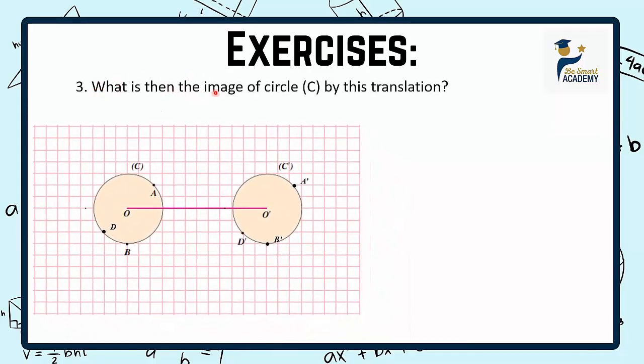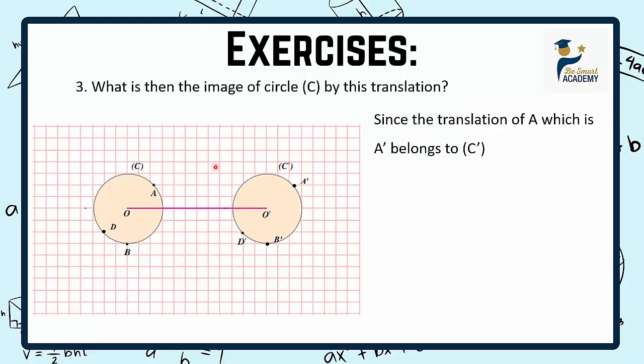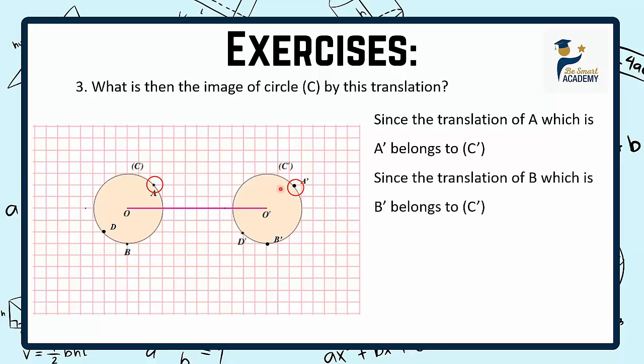What is then the image of circle C by this translation? So C, if we translate O to O prime, where would C end up? Since A would be translated to A prime, A prime belongs to C prime and A belongs to C. B belongs to C and its image belongs to C prime.